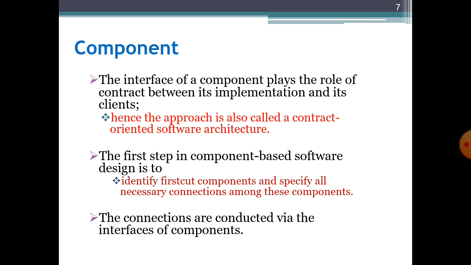Any interface of a component plays a vital role as a contract between its implementation and clients. Hence this approach is sometimes also called contract oriented software architecture, which is another name for component based software architecture.